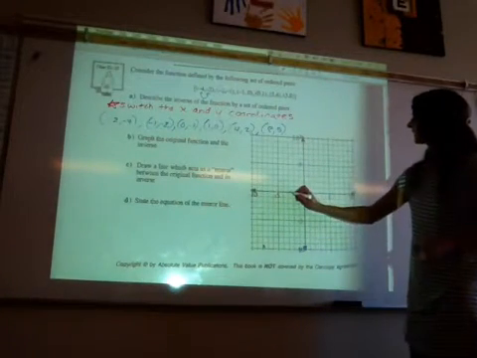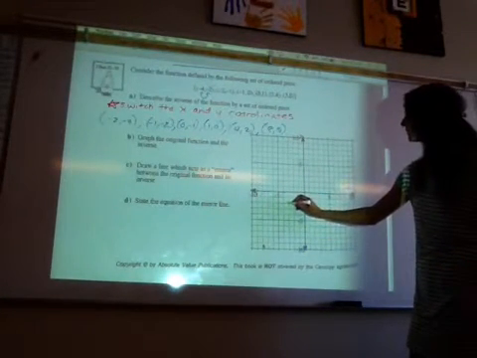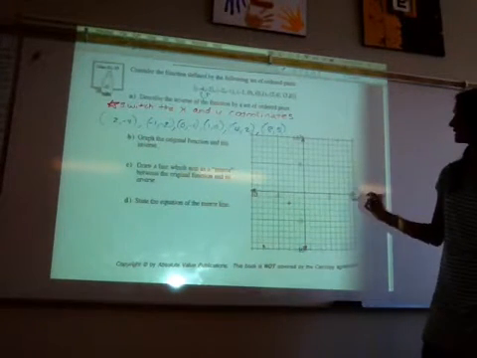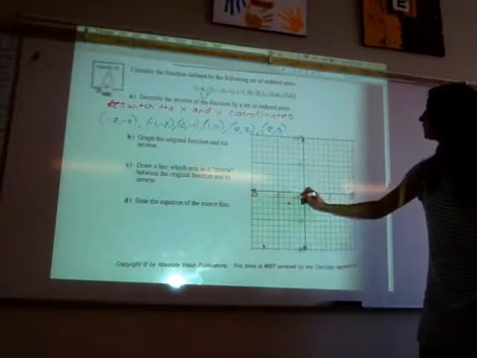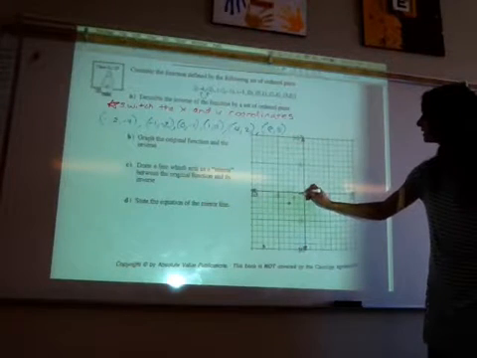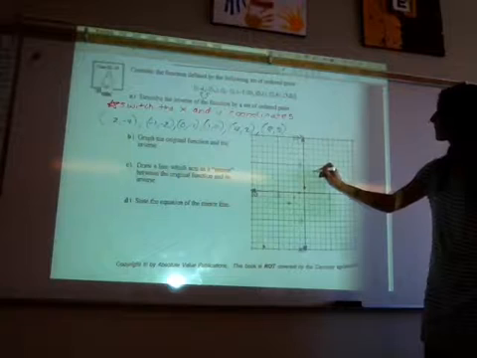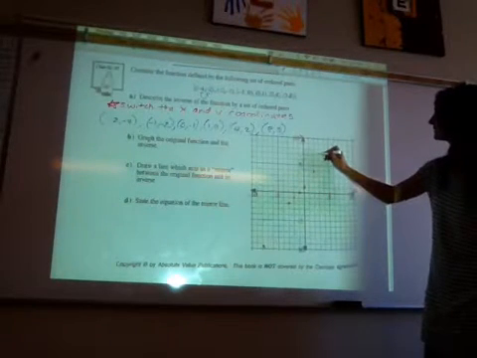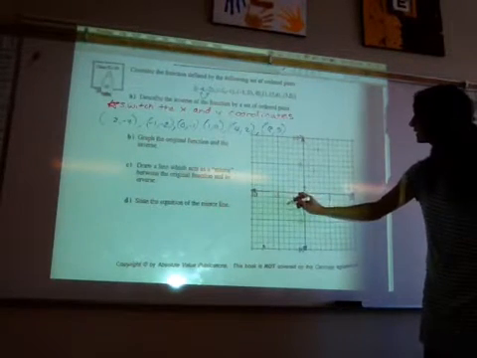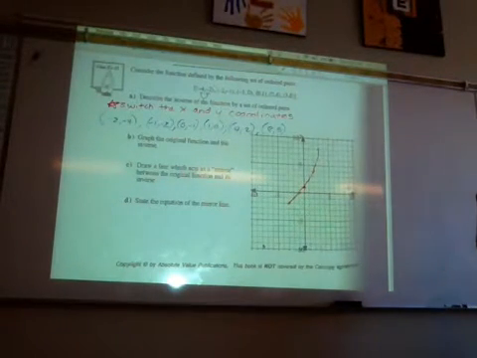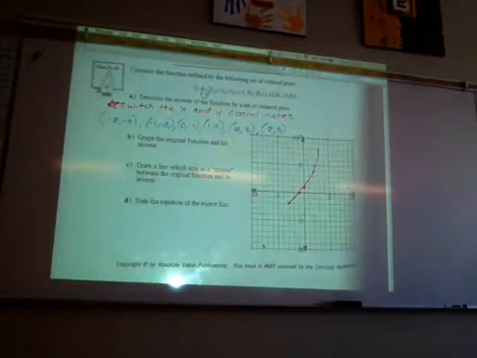We'll do the original set of ordered pairs first. We'll start with -4, -2. -2, -1. -1, 0, 0, 1, 2, 4, and 3, 8. And I'm just going to draw a line through those points. Crayons? Nice.